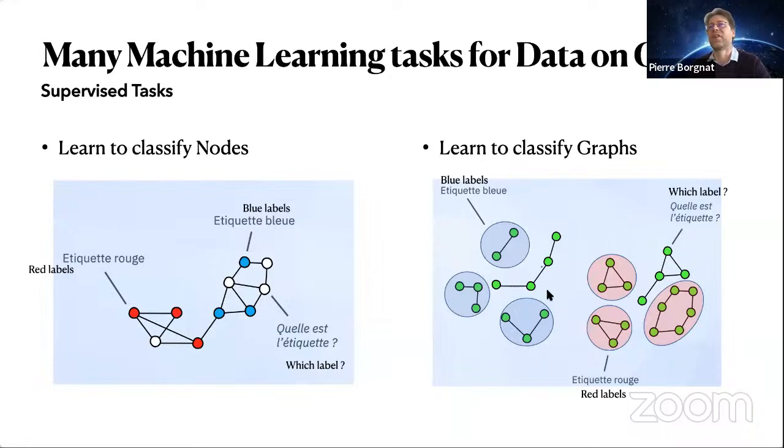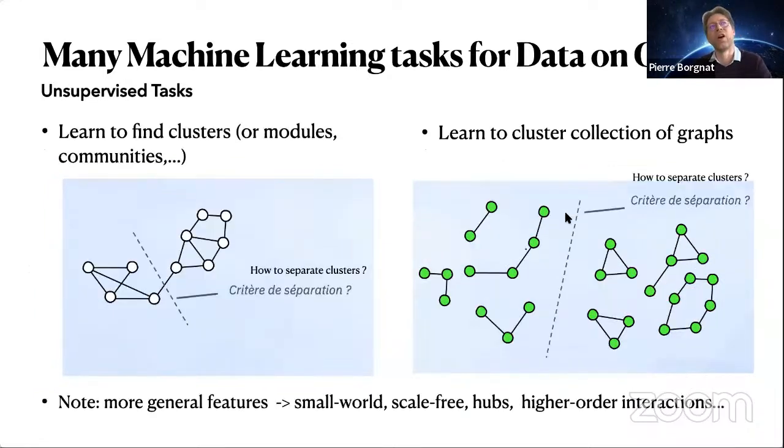You can learn to classify the graph when you are dealing with a collection of graphs, and you play the same game. You can do unsupervised clustering. You want to find what is the criterion to separate different nodes in groups that are coherent. On the left, you find clusters, and it has a big history in network science when you find modules or communities in complex networks.